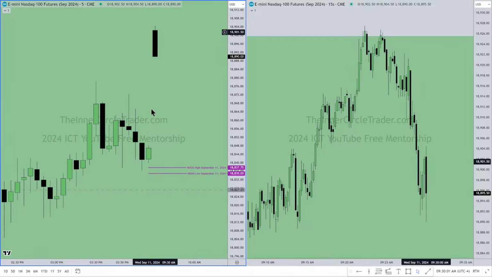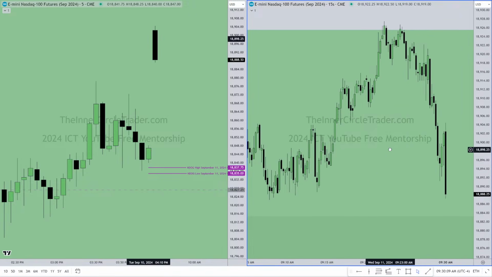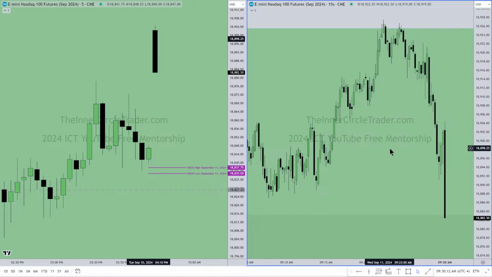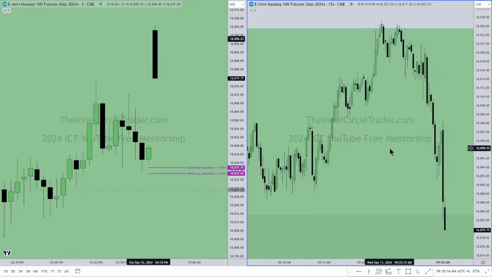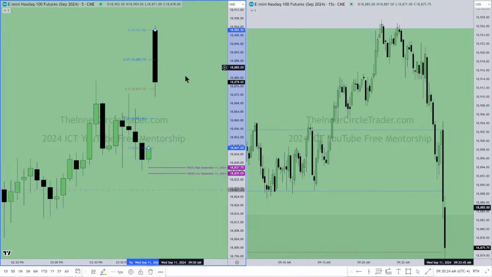There's your opening gap. Previous settlement to opening.